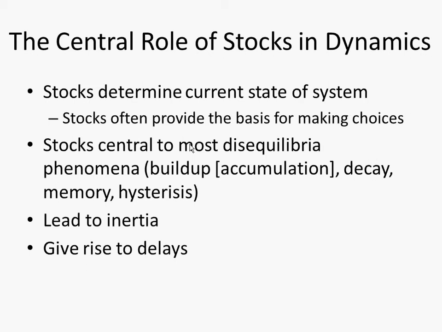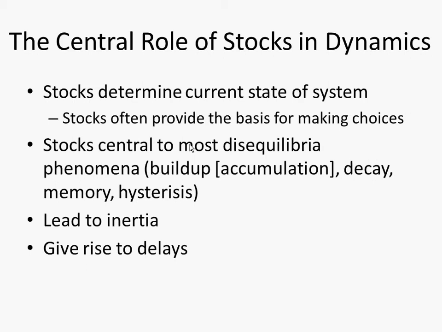For example, how much word of mouth there is about your organization, and how many sales that leads to if you're in business selling a product, depends not only on the number of people who are currently interested in buying something, but the number of people who already have the product, because you may get word of mouth sales.